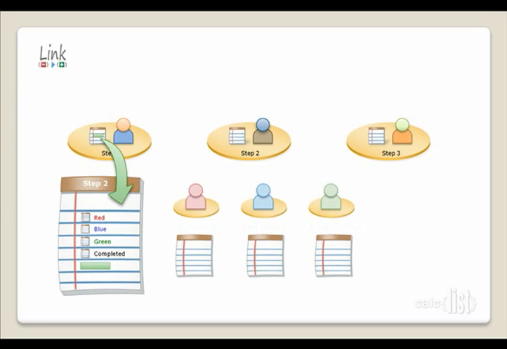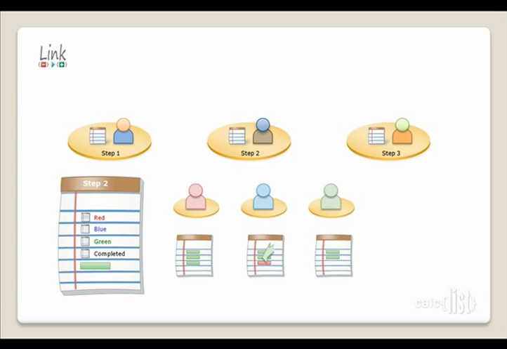When Mr. Blue adds members to Brown's list, Brown is notified via email of the added members. Brown distributes the new members to Red and Blue by dragging the new members into their lists. When Red or Blue remove members from their lists, they're automatically added to Green's list.